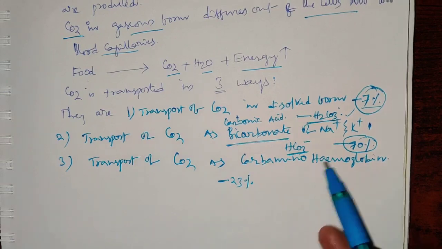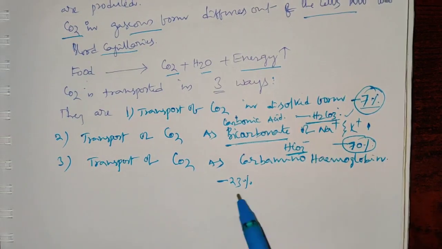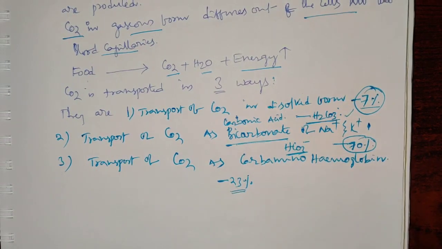And transport of carbon dioxide as carbaminohemoglobin is about 23%. Now let's see what the first one is.